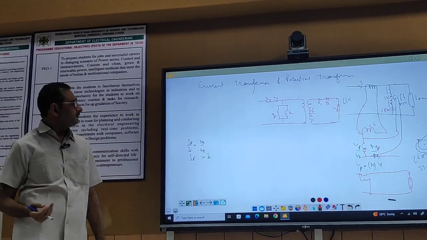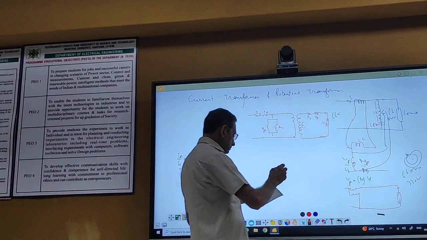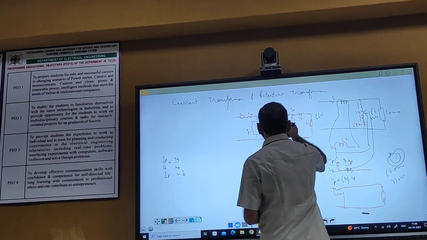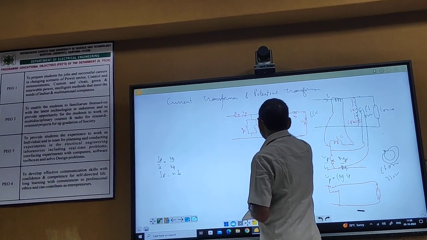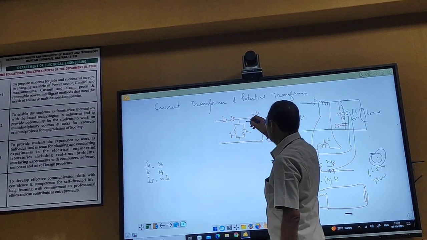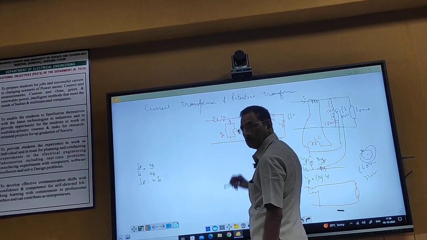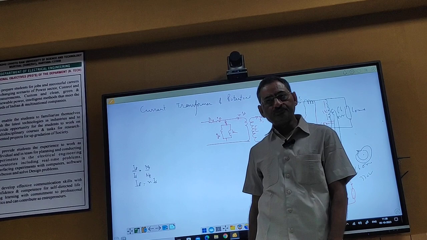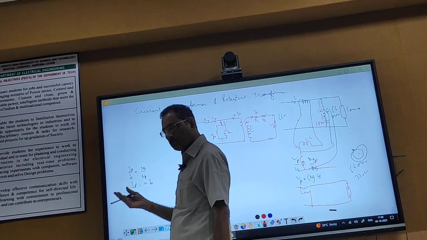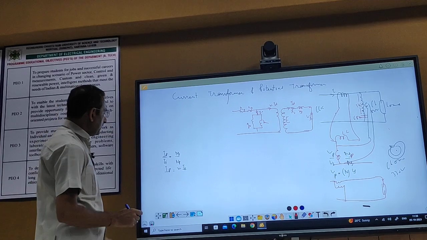If any transformer is used as a current transformer, then this is the secondary side current Is, and depending upon the number of turns, the current on this side will be equal to N into Is. In comparison to N into Is, this I0 is also some recognizable value, it cannot be completely neglected. If we neglect it, no problem, 1-2% error may be there.